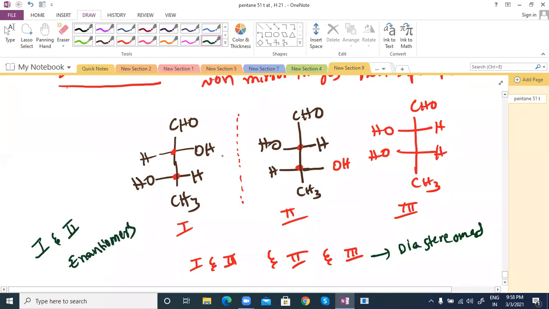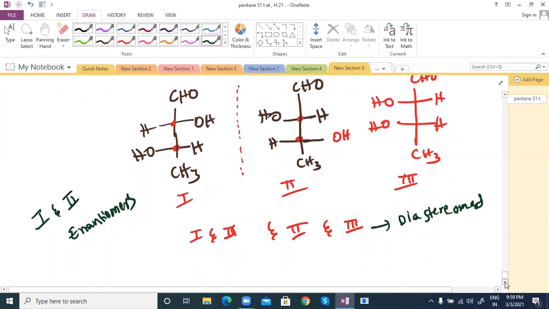So with one chiral center, diastereomerism is not possible. You can note down that point: a minimum of two chiral centers is required to show diastereomerism.